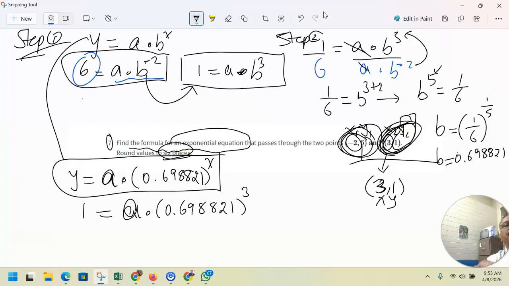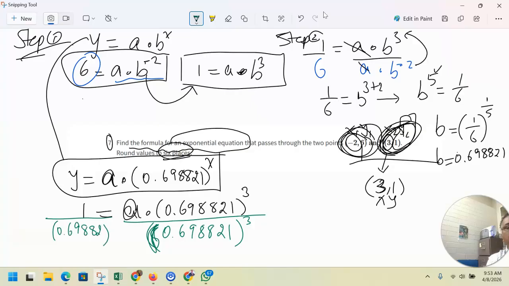What you do is divide both sides by 0.698821 raised to 3. So this crosses out, and eventually you get A equals this piece. This is what we have to put in the calculator.